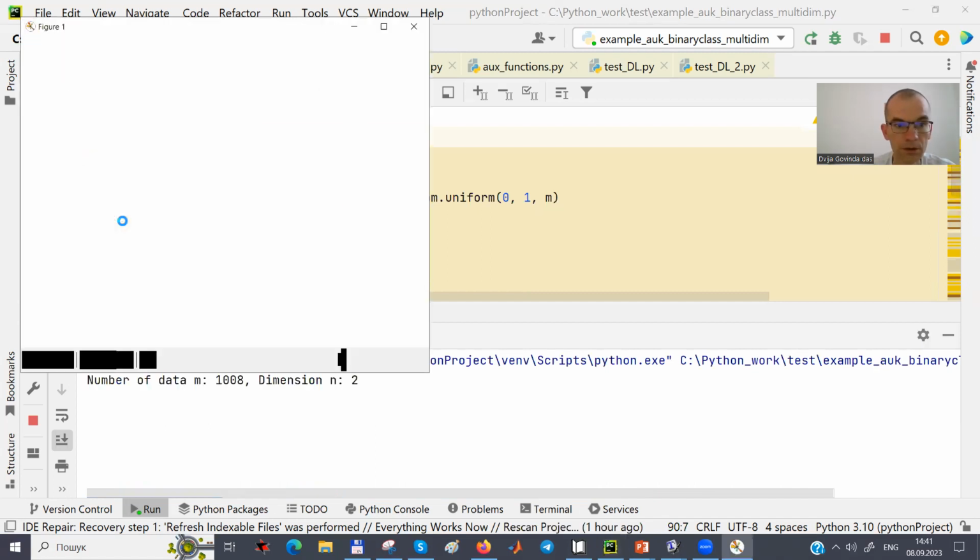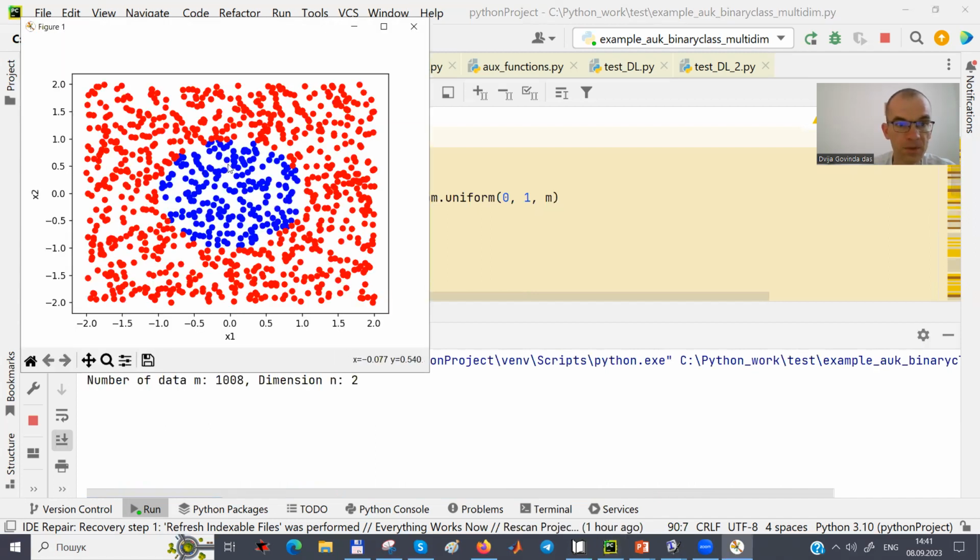In this case, these are points which fill some kind of round or ellipse. Blue points are points with label 0, negative decision, and points with label 1 are red points, positive decision. So we'll try to find the decision boundary in this case, but of course we should observe that it will not be linear in this case.